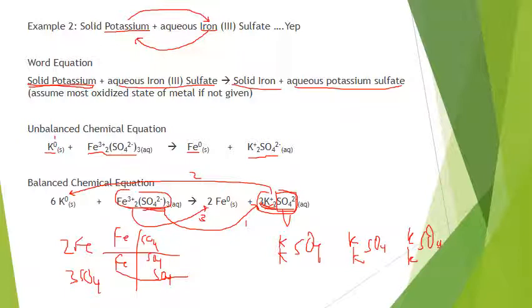So the number of Ks you have is 1, 2, 3, 4, 5, 6, so 6 K plus. Don't forget the plus there, just like over here, don't forget the 3 plus and 2 minus. And then you would have 1, 2, 3 sulfates. Let's see what it looks like on that page.